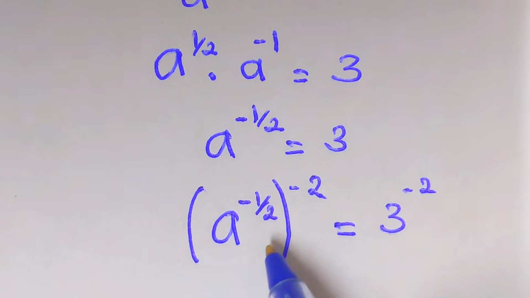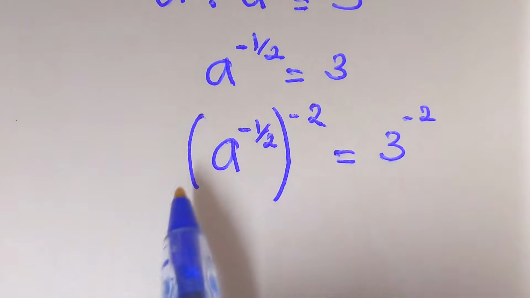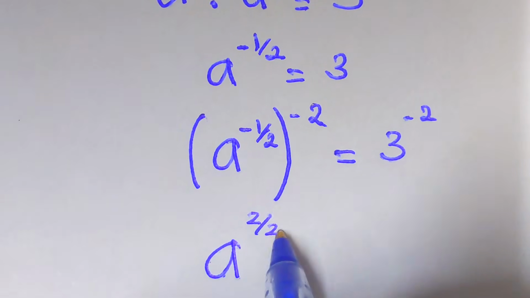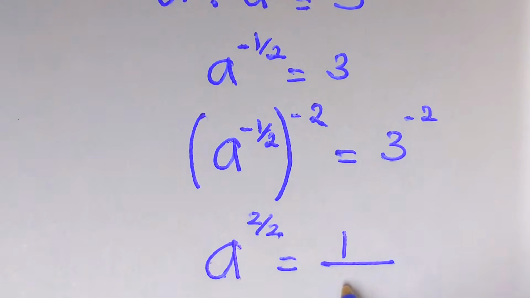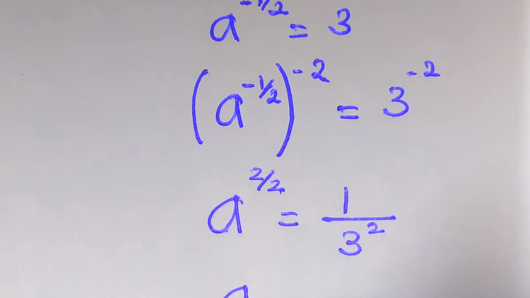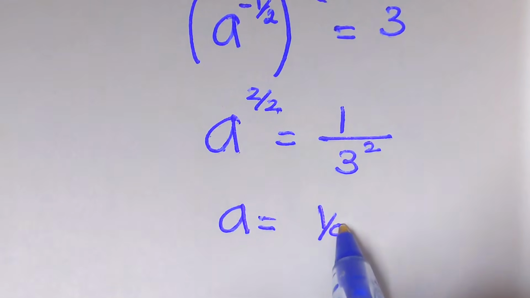What you do on one side you have to do on the other side. So here it should be a power 2 over 2 equals 1 over 3 squared. So we have a equals 1 over 9.